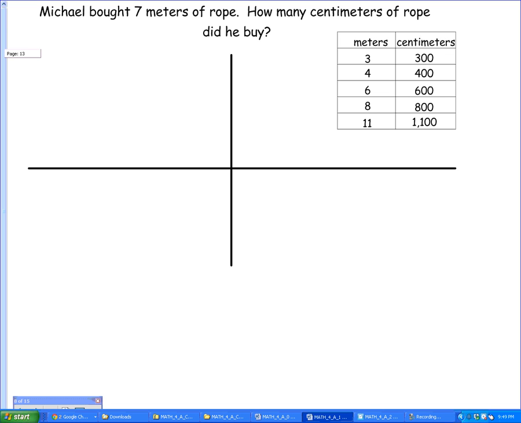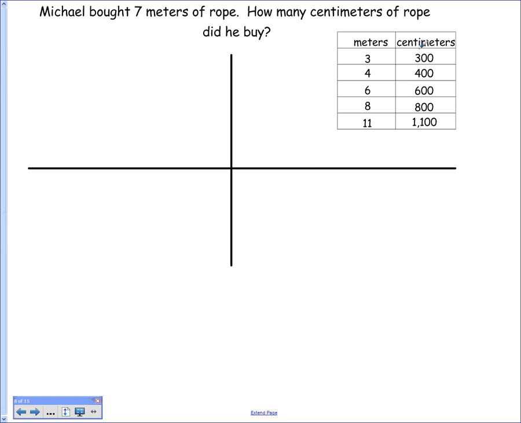Looking at the chart, how am I going from meters to centimeters? That's times 100. So 7 times 100 equals 700 centimeters of rope.